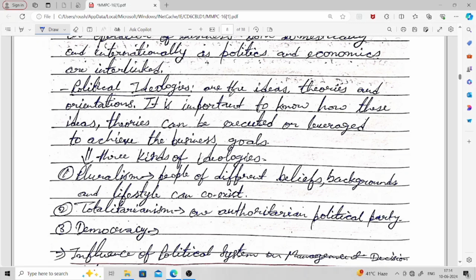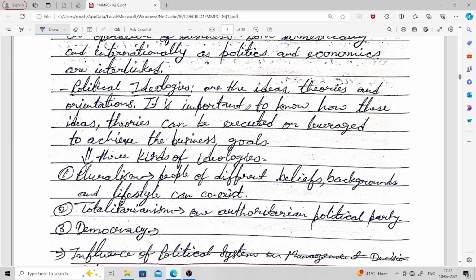As I said before, we need to understand the political system to better utilize the economic system. So three kinds of ideologies are there.